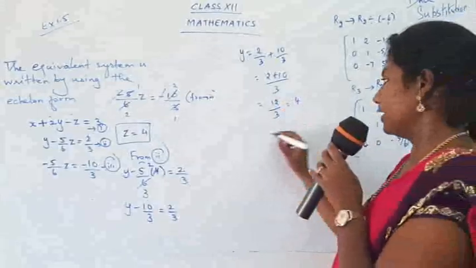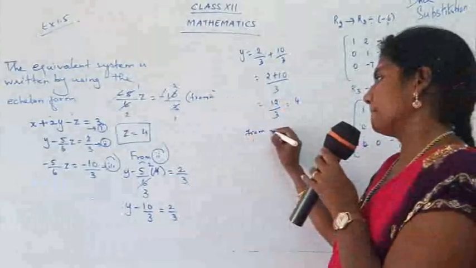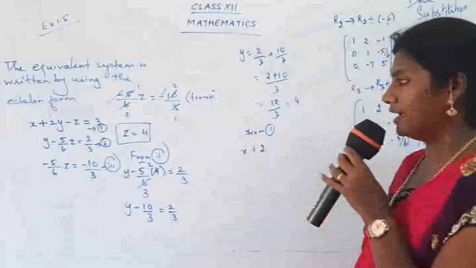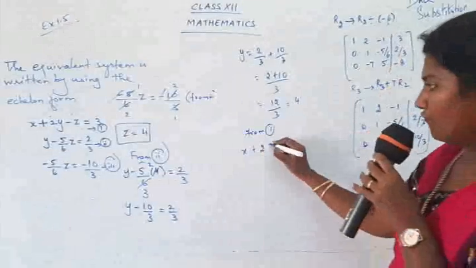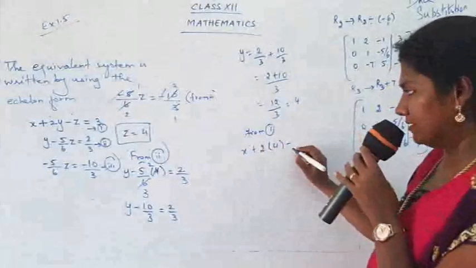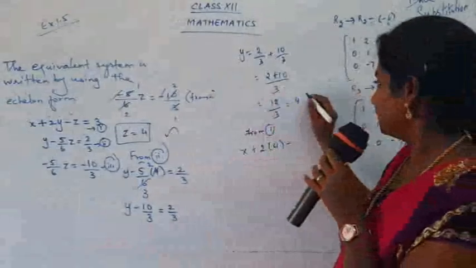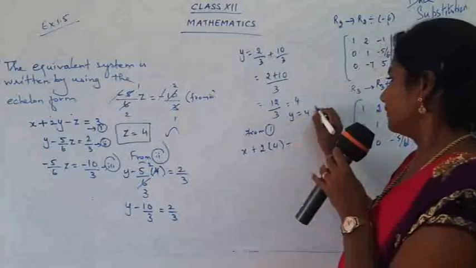So now from 1, x plus 2y. I know the value for y. Y is equal to 4.